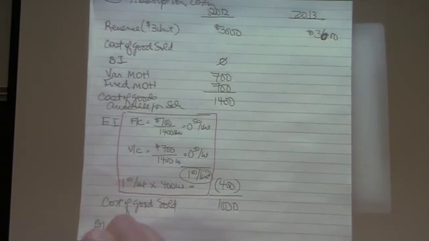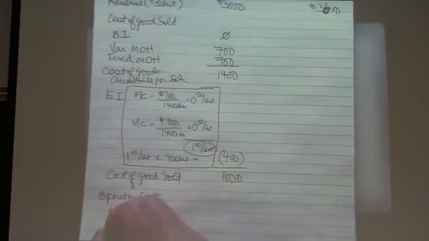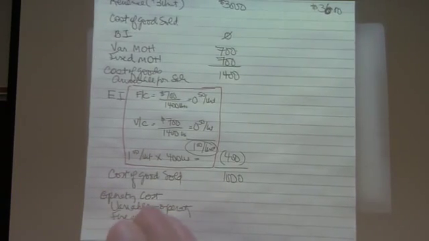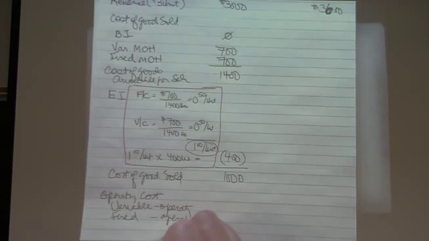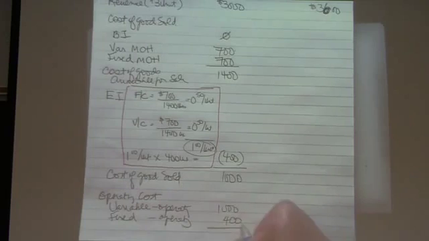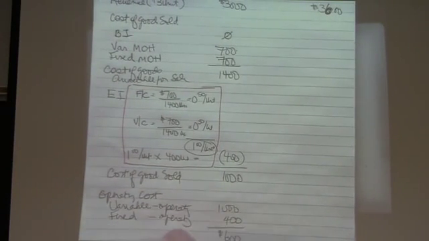Now operating cost is going to be variable operating and fixed operating. And variable operating, according to the question, is $1,000 and $400 for fixed. So you can see that the net income, operating income, is $600.